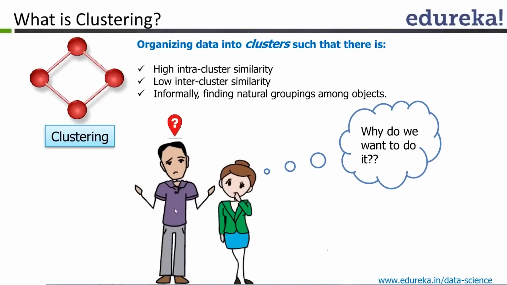And along with that, you have the notion of inter-cluster similarity. That means if I have two points that belong to two different clusters, the similarity between them should be very, very low. So these two notions capture the idea that the defined clusters are far away from each other, and at the same time within the cluster the points are closely knit together.